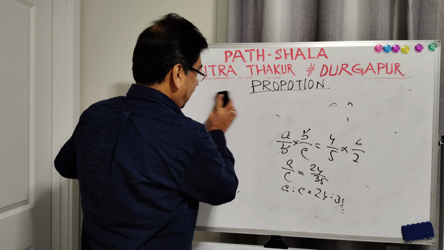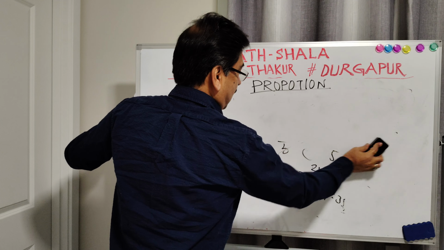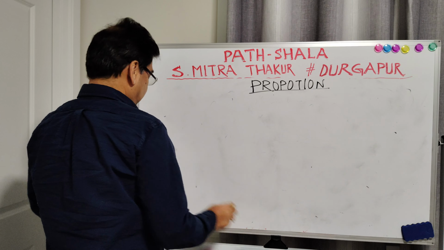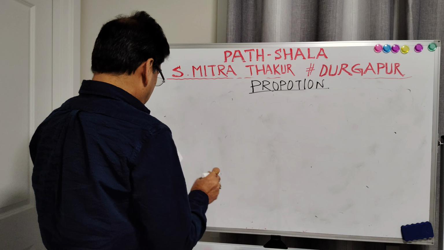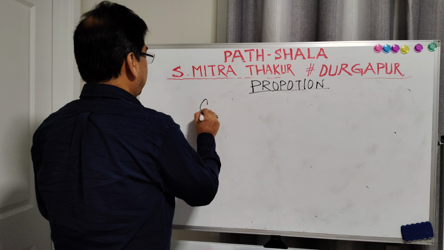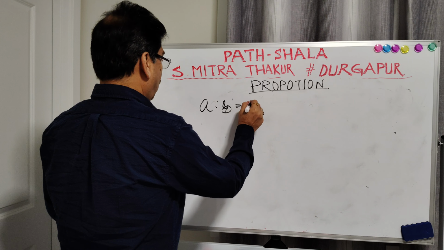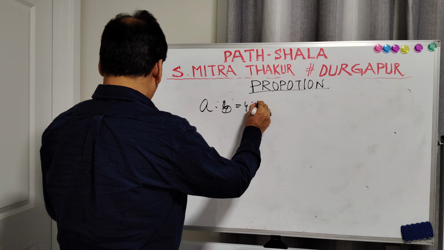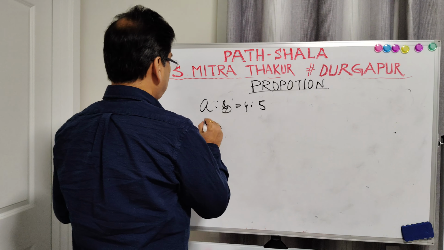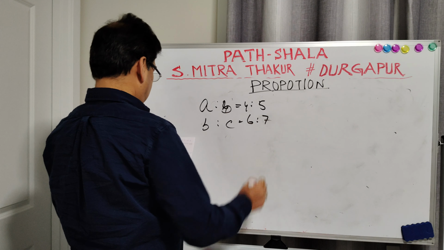Again, this is the last math of this chapter, the ABC ratio. How do we calculate the ABC ratio? Where A is to B equal to 4 is to 5 and B is to C is equal to 6 is to 7.